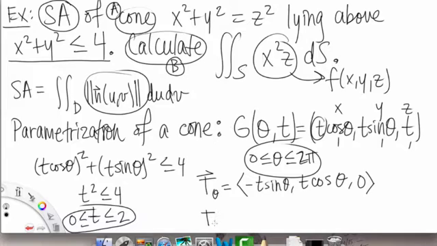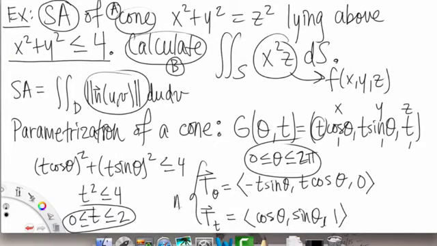The other one, with respect to t, is cosine theta, sine theta, and 1. Now with these, we find the normal vector by taking the cross product. I'll do that on the next slide.